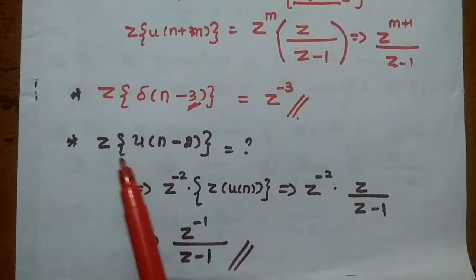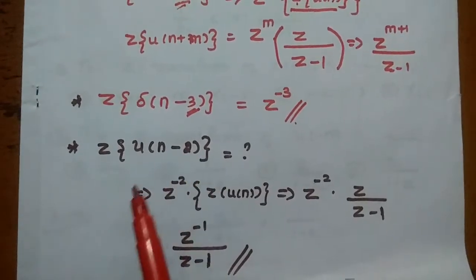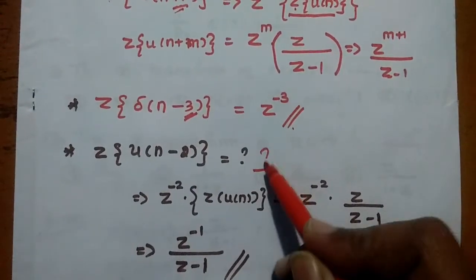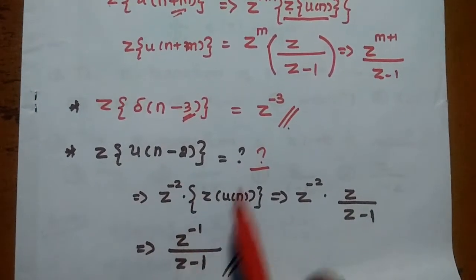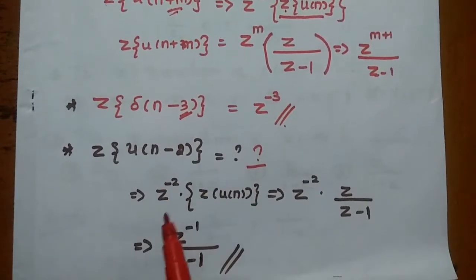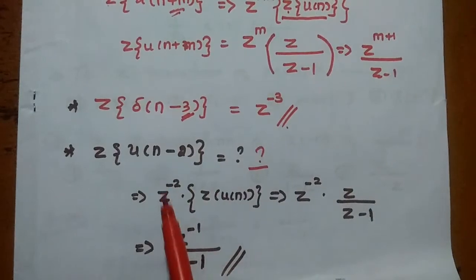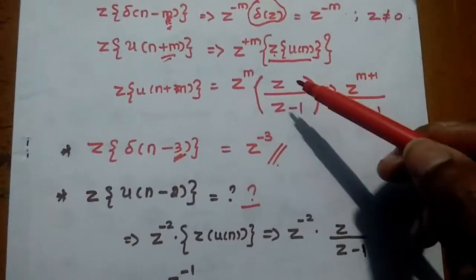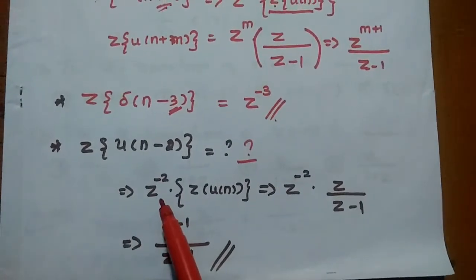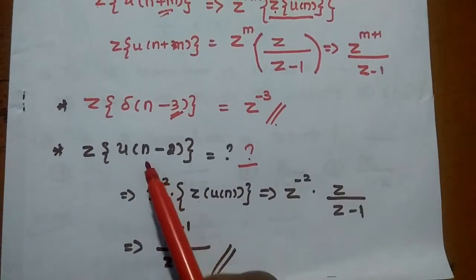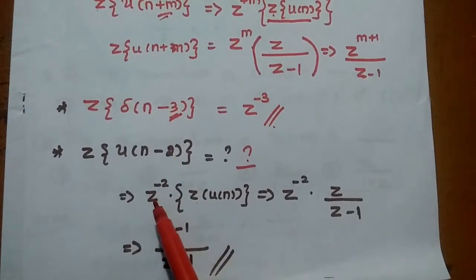Next one is the Z transform of u of n minus 2. So what is the value of this? Most multi-choice questions come like this. You should remember these things. For u of n minus 2, from the time shifting property, we get the Z transform of u of n multiplied by z power minus 2, the delay.